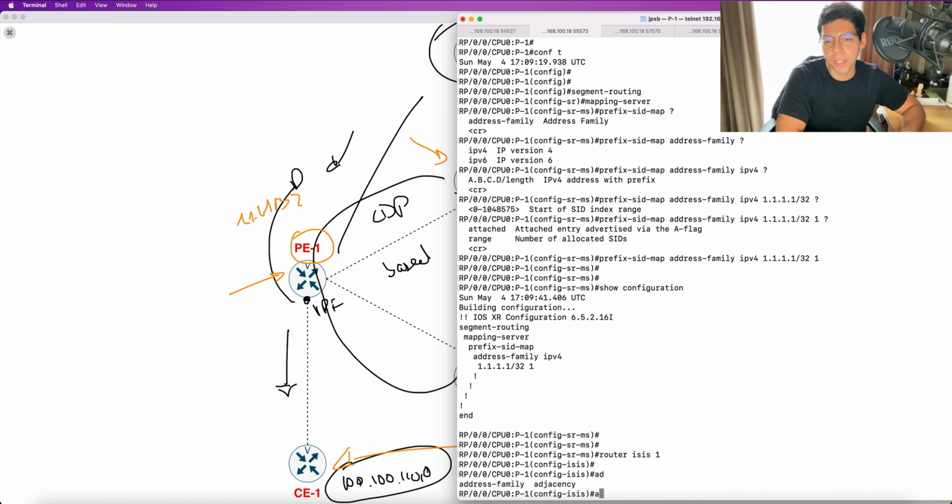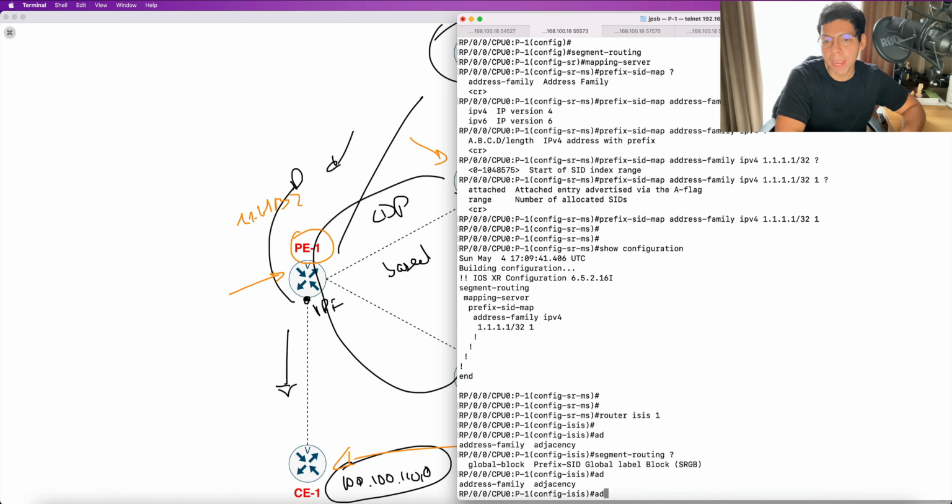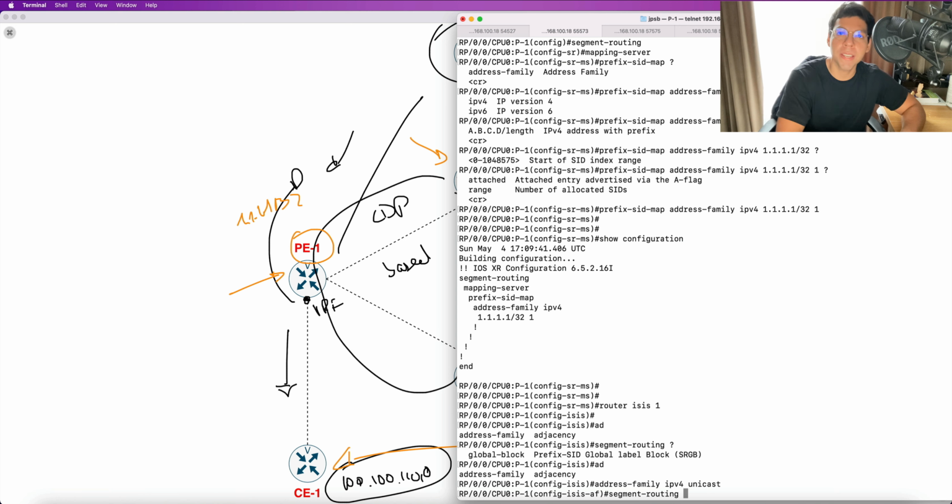The task number 2 is to propagate that over the ISIS domain, where the routers that speak segment routing, remember that segment routing is an extension of ISIS, and it consumes many TLVs. One of them tells all the routers that they support segment routing. I think it's a 238 TLV, and over that the propagation of the prefix SID is also made.